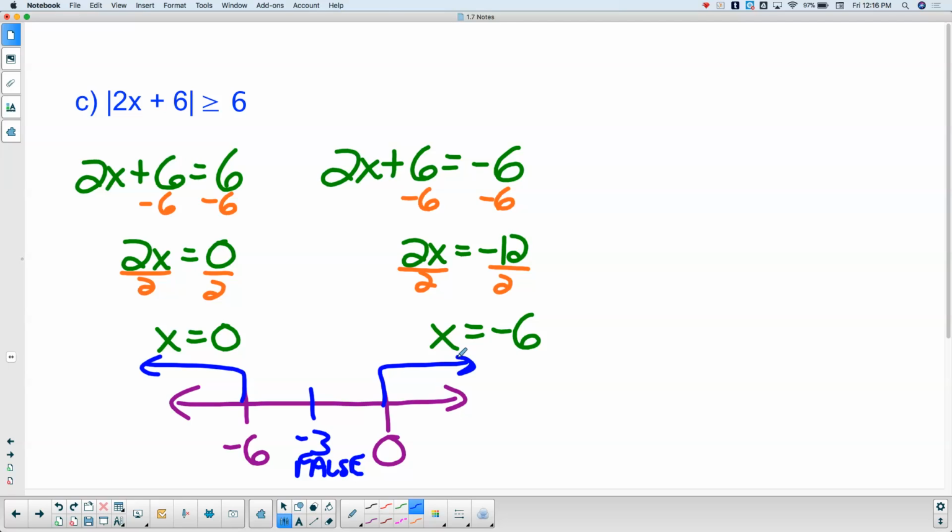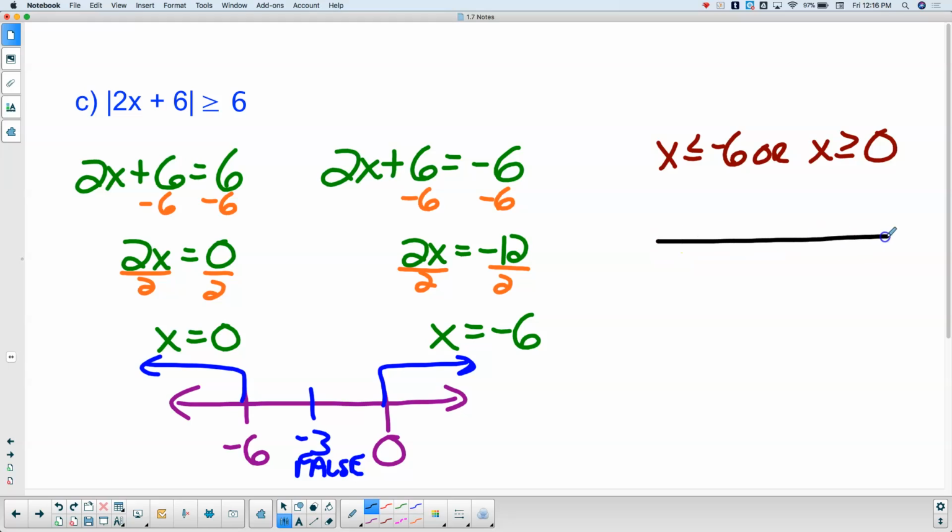Okay. All right. So in the end, what is my inequality solution? It would be x is less than or equal to negative 6, or x is greater than or equal to 0. What kind of dots?